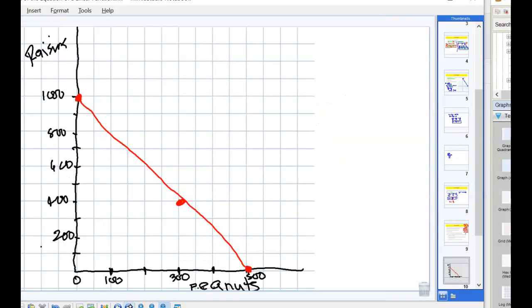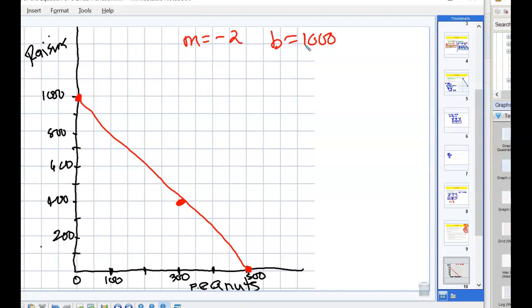So if we did it in the form y equals mx plus b, first thing I need to do is find my slope, and my rise is negative 1,000 and my run is 500. So my slope is going to be negative 1,000 over 500, which is negative 2. And my y-intercept, if I set up the graph the way I did, my y-intercept b is going to be 1,000.